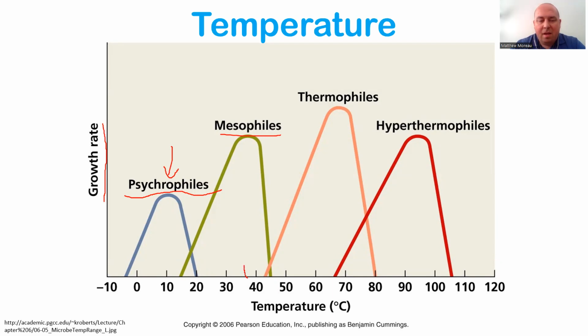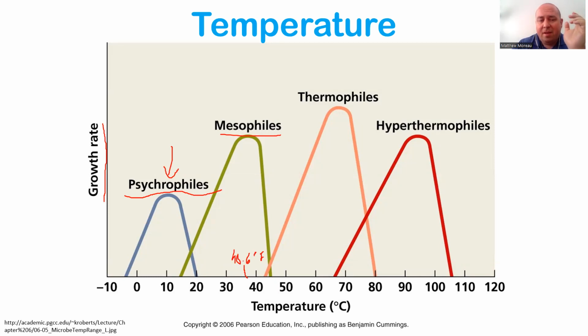37 degrees Celsius is equal to 98.6 degrees Fahrenheit. So you're talking about maybe 115, 120. So that's really at the end of where we can live and our bodies can handle that kind of heat.